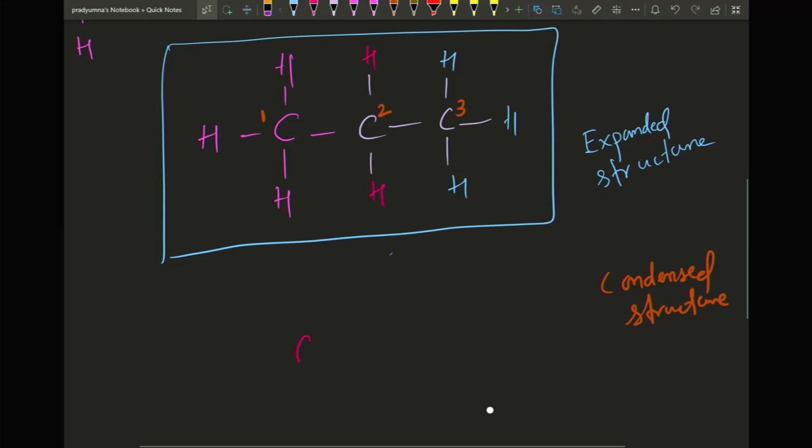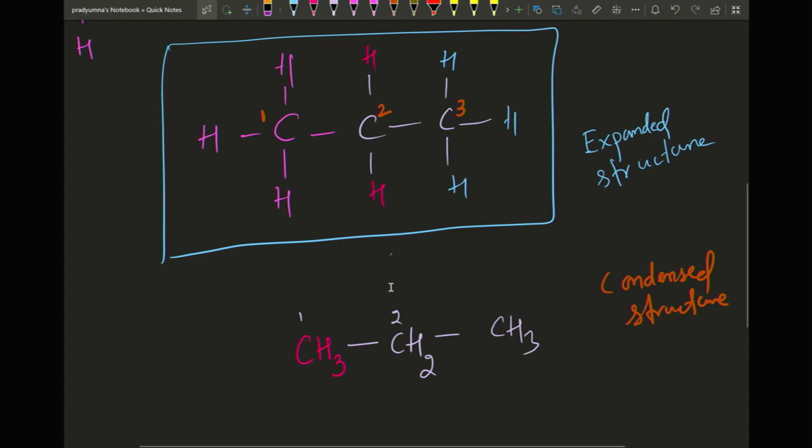So we write that as CH3. All right, that's our first carbon atom. What is the second carbon atom? The second carbon atom has 1 and 2 hydrogens, so we are going to write that as CH2. That's our second carbon atom. And what is the third carbon atom here? The third carbon atom is CH3.